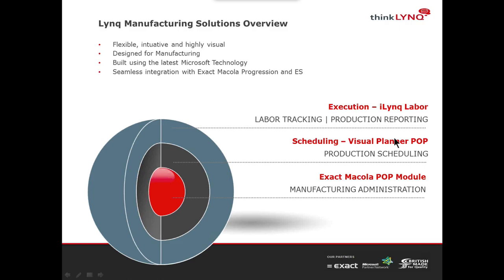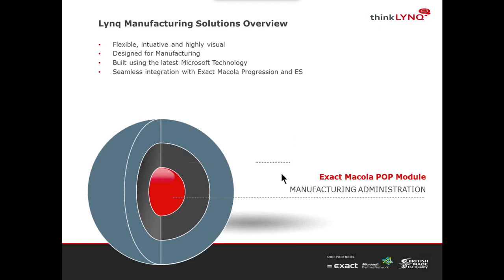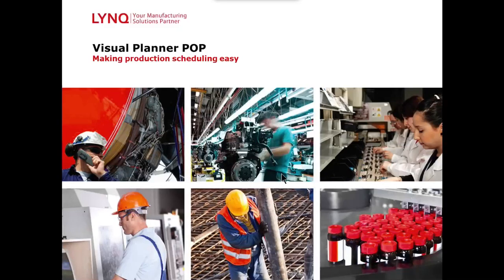Visual Planner POP is what we're looking at today, and we have another solution which is iLink Labor, which deals with labor tracking and production reporting. That also integrates with Macola and with Visual Planner.